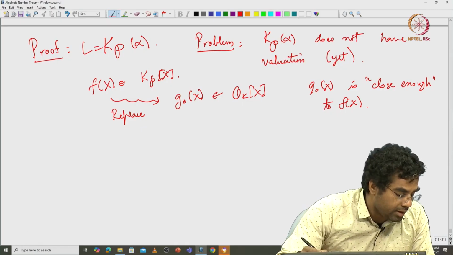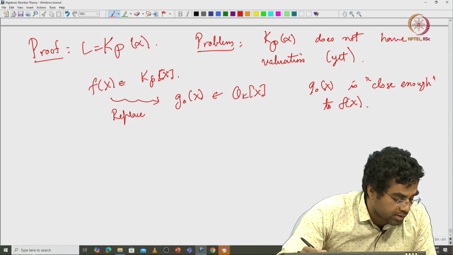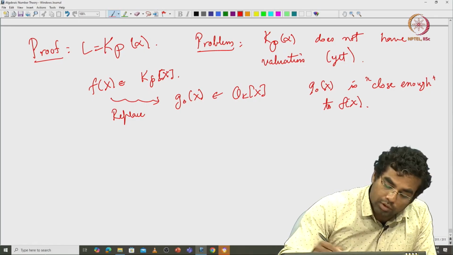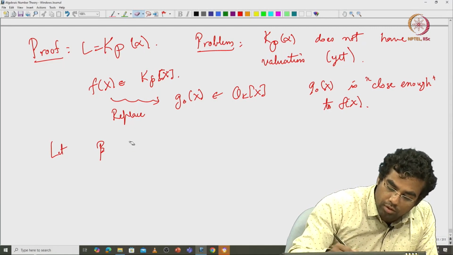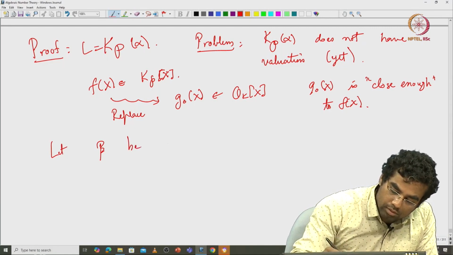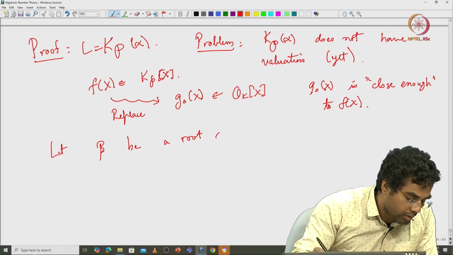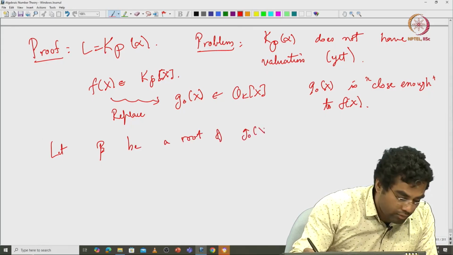There we know how to define valuations, etc. So let beta be a root of g_0 of x.